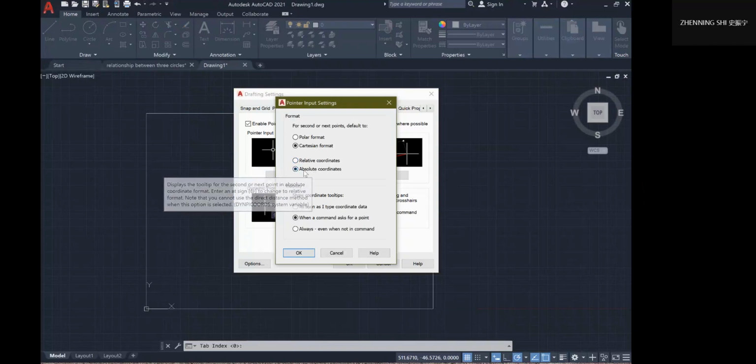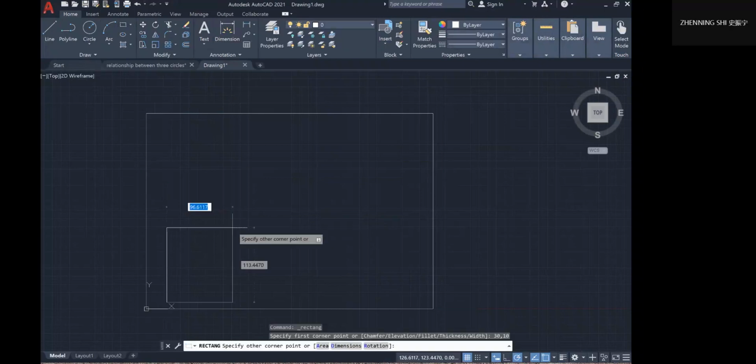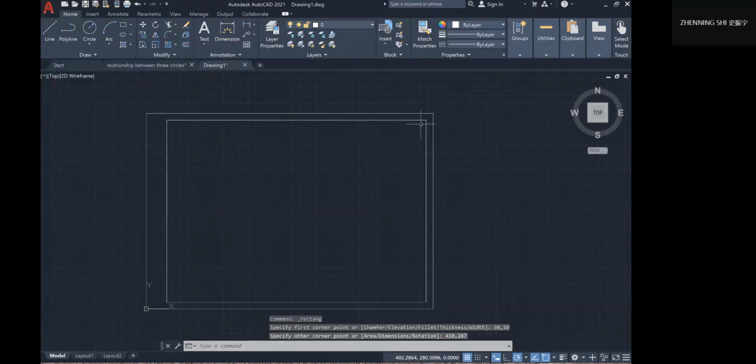Now you can choose the absolute coordinates. This one is 13, 10, and the next one is 410 and 287.